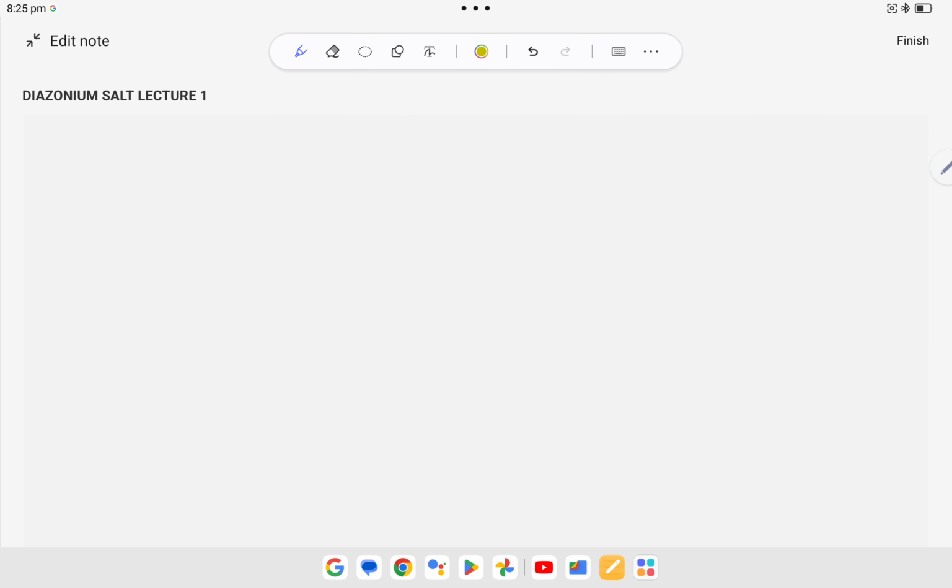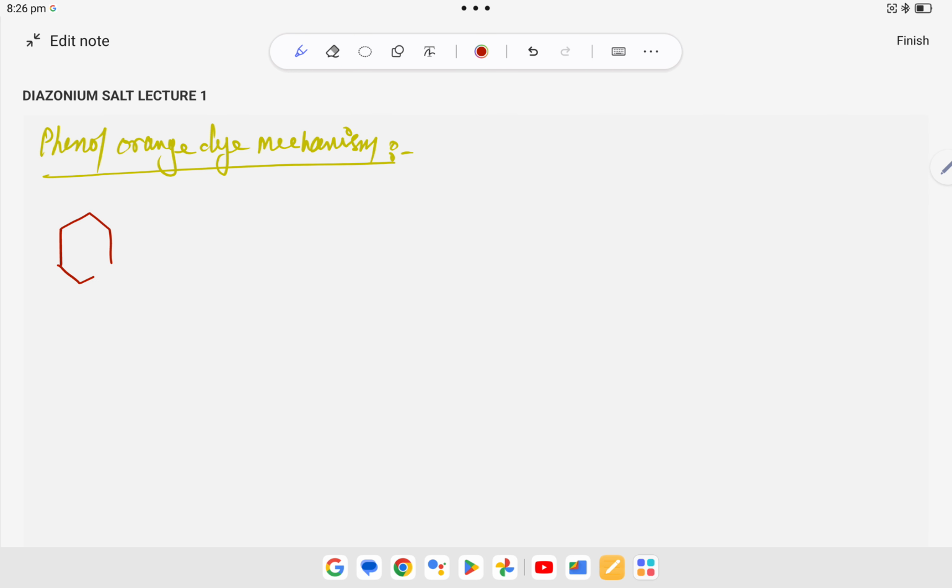Phenol orange dye mechanism. So check the process. In that case, this is phenol, basic medium I told you.